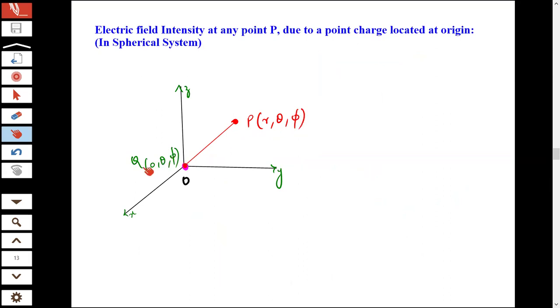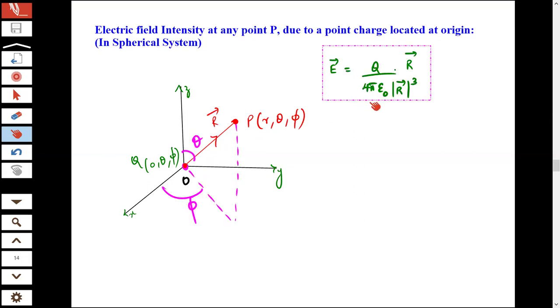If we follow the same assumption, with the charge Q at the reference origin and the observation point P at a distance of r, a specific angle theta, and azimuth angle phi, we can apply the expression for electric field intensity from Coulomb's law. But when we look at the point P and the charge Q, the charge Q has symmetry with respect to the observation point.